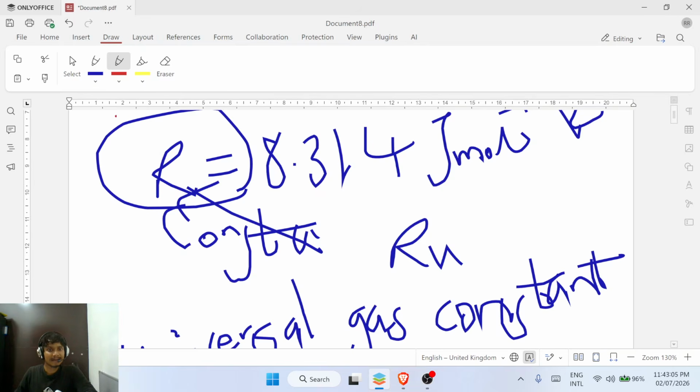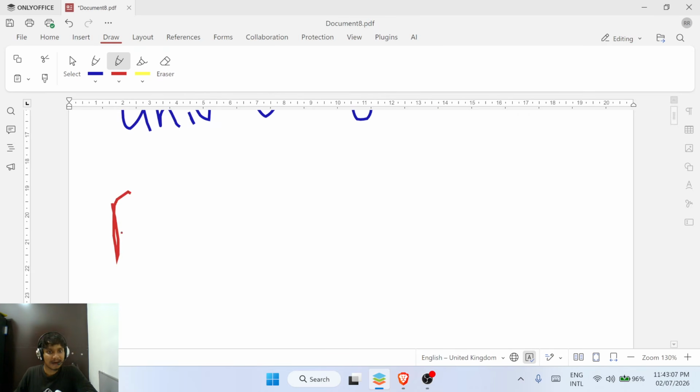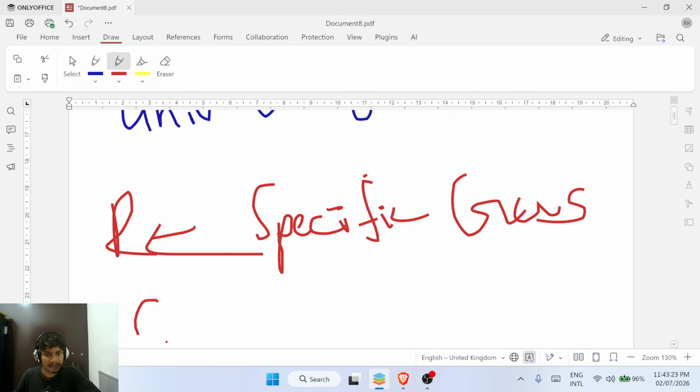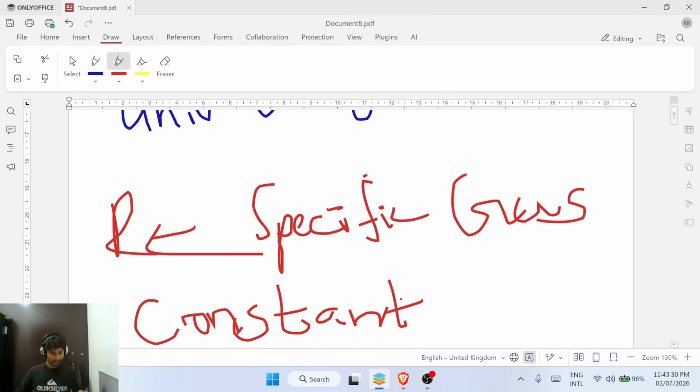But here they are discussing R, which is the specific gas constant. That is the universal gas constant, and this is the specific gas constant.